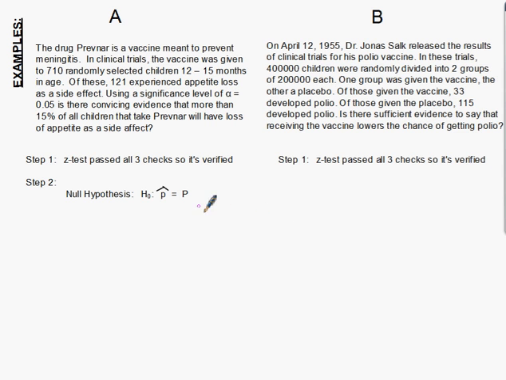The way we write that is our sample proportion, these 710 randomly selected children, is not statistically significantly different than the population proportion, which in this case is our 15%. So we're saying they're the same, they're equal.